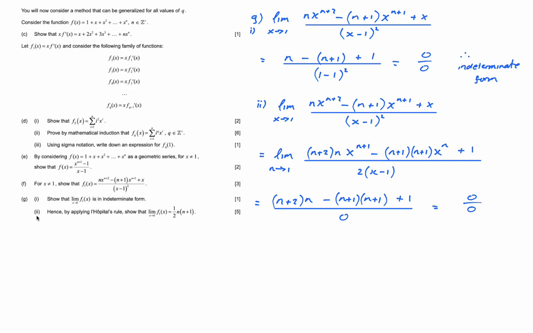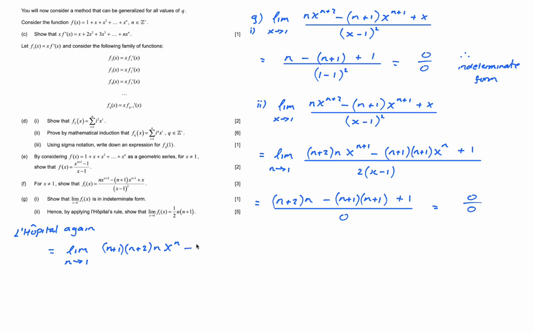So I'm just going to write L'Hopital's rule again, just to show the examiner you know what you're doing. Okay, so it's the limit again as x approaches 1. Now we're differentiating this guy, so same thing, we're going to multiply by the power. Multiply by n plus 1 times n plus 2 times n, x to the power of n, because we subtract 1 from the power.